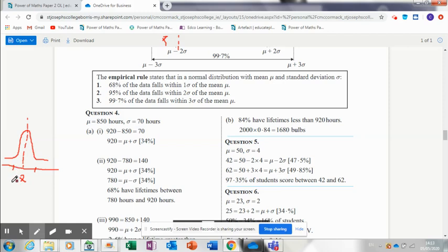Remember now, this is your X bar, this is sigma, this is minus sigma. Your X bar is your 850.